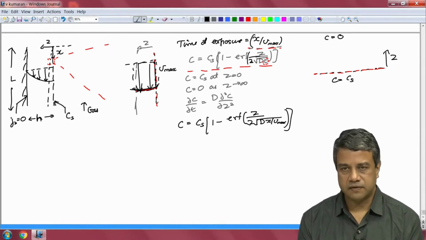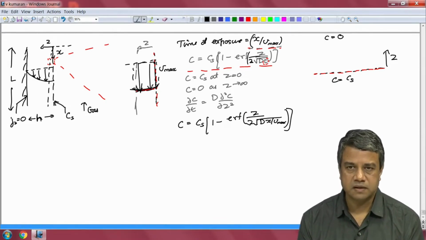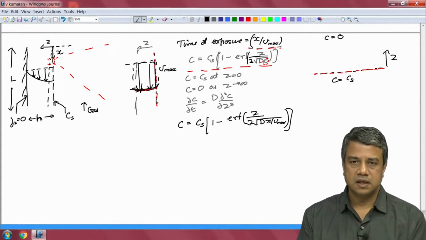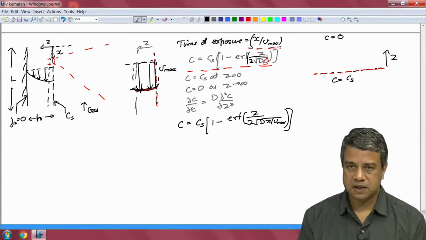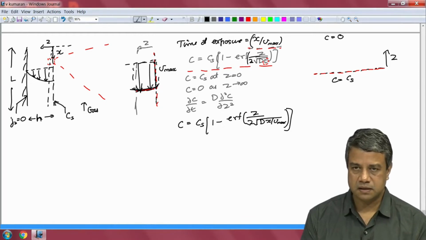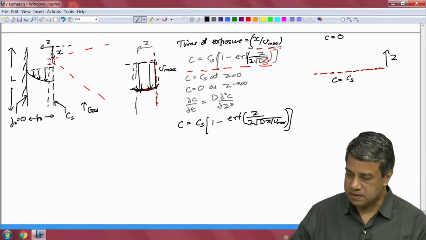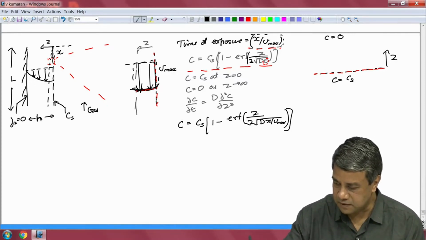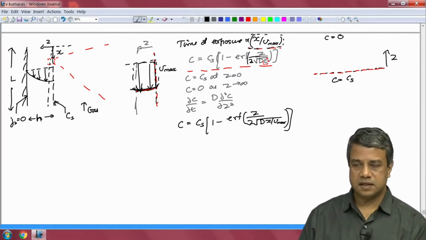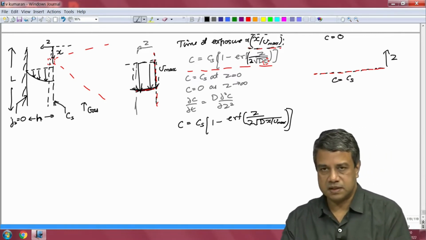So, I have a constant velocity parcel of fluid travelling downwards, and it has been exposed to the gas for a time t given by x by V max, where x is the distance from the start of the contacting section and V max is the maximum velocity at the surface.